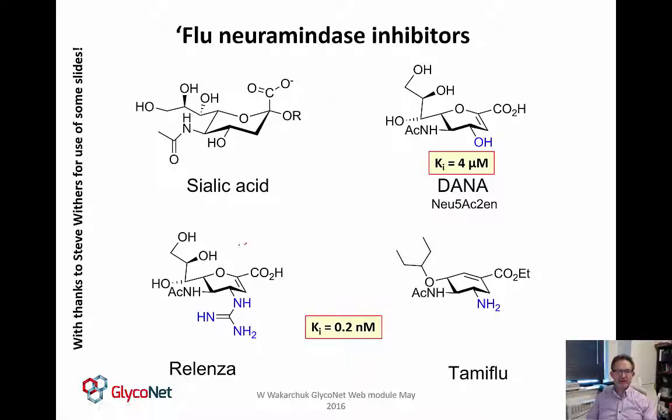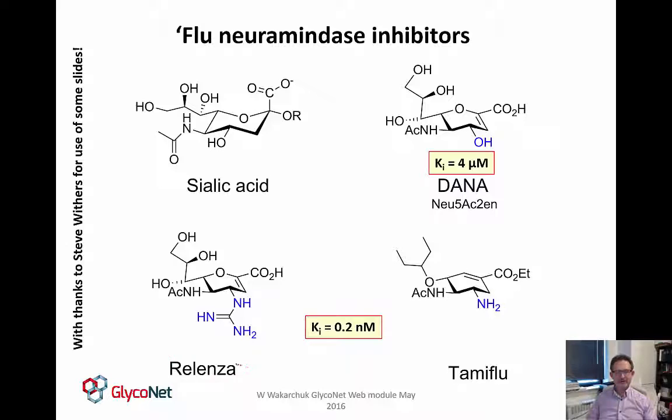In the early 90s, the structure of the flu neuraminidase allowed researchers to come up with a couple of different options for developing inhibitors, and they ended up with some sub-nanomolar inhibitors.